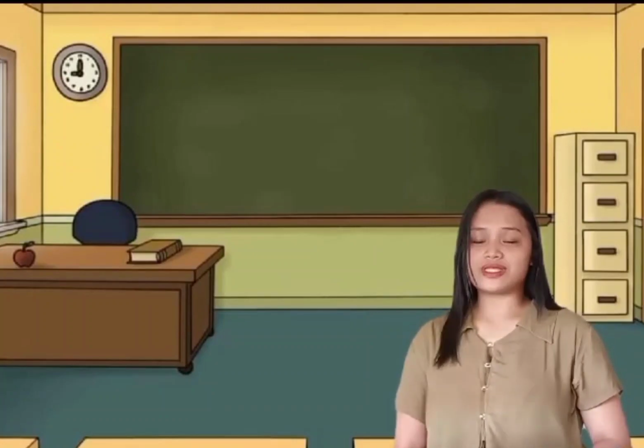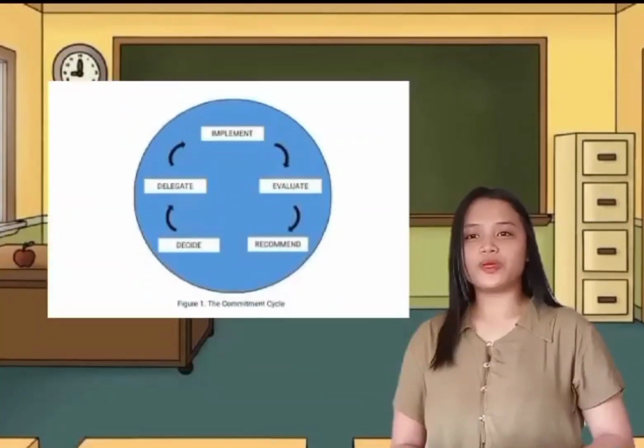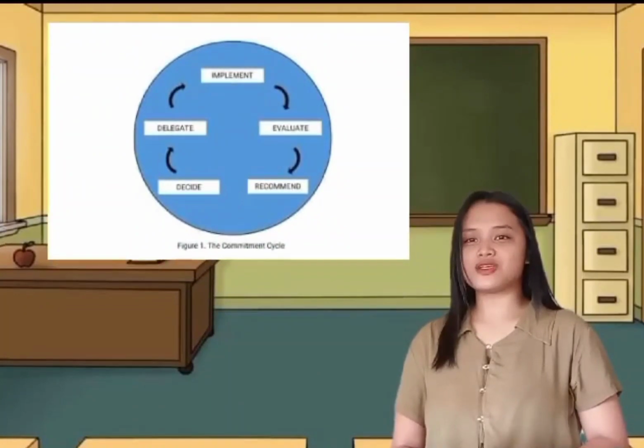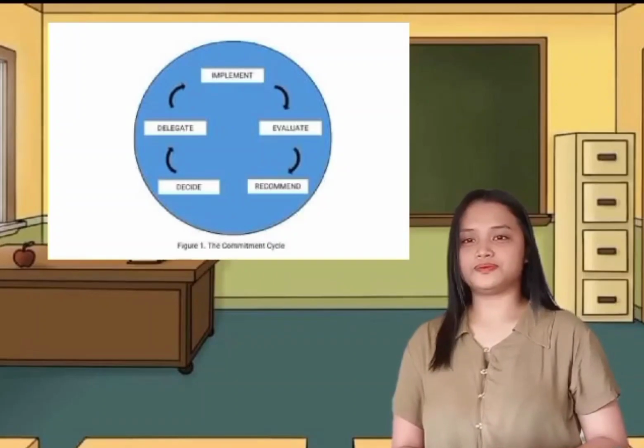What is the commitment cycle, by the way? The commitment cycle outlines the essential conversations that need to happen in order to get good work done. So the healthy organization processes through a commitment cycle. Number 1, evaluation of the present in relation to the future which the group desires.